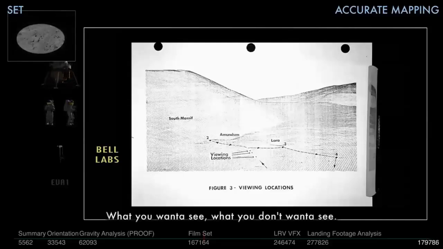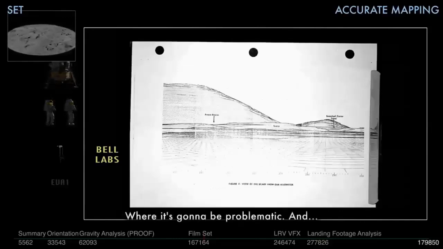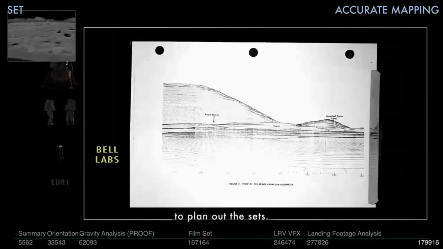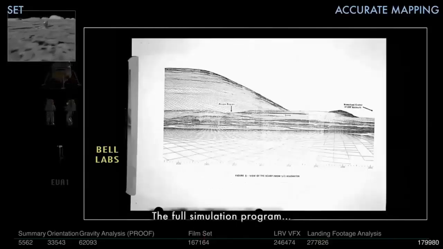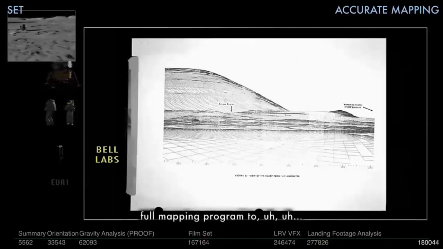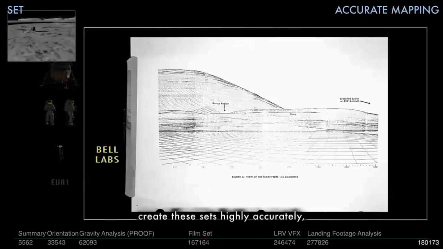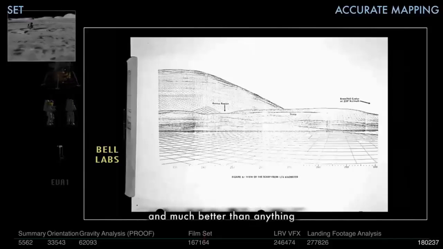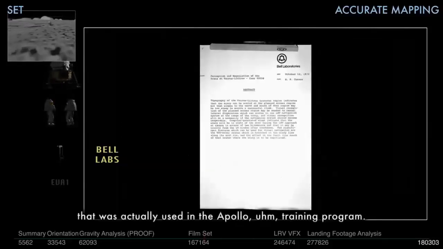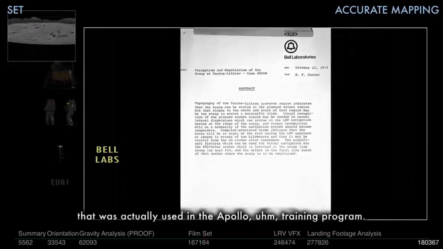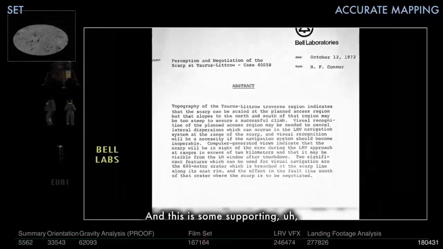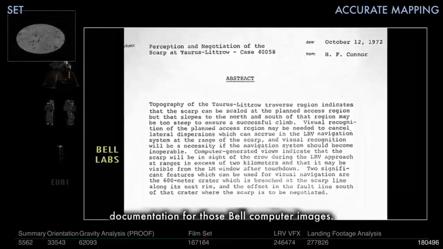What you want to see and what you don't want to see, where it's going to be problematic, and to plan out the sets. Everything was in place, the full simulation program, full mapping program to create these highly accurate sets, and much better than anything that was actually used in the Apollo training program. And this is some supporting documentation for those Bell computer images.